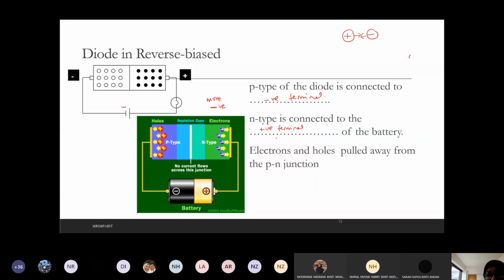So bila ada macam tu, dia akan attract more to the terminal. So dia move away from the junction. Okay, so electrons and holes pulled away, therefore no current flow. Tak ada current flow dekat sini. Okay, so bulb will not light up.